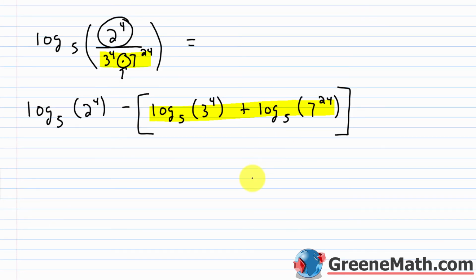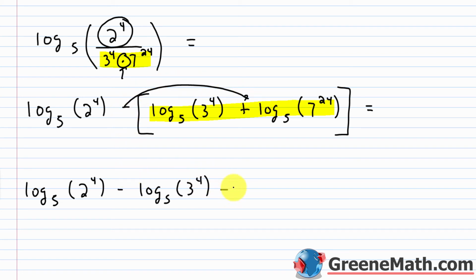All right, so the next step here, you just put equals. We have log base 5 of 2 to the 4th power. Then minus, you'll have log base 5 of 3 to the 4th power. Then this minus would be distributed to this. So you say minus log base 5 of 7 to the 24th power.